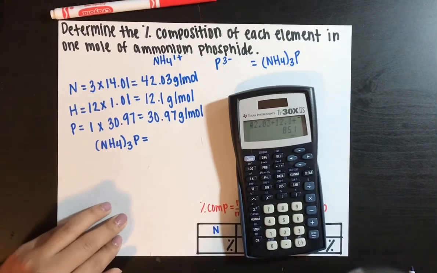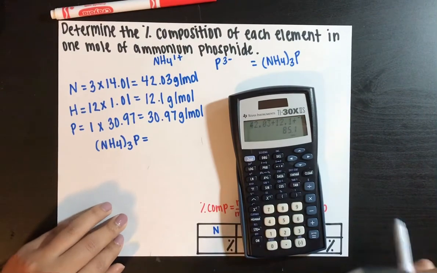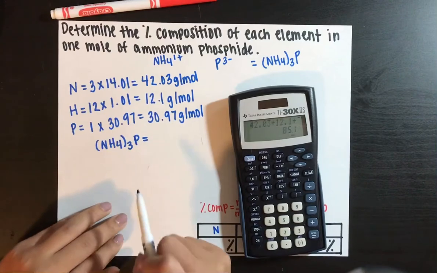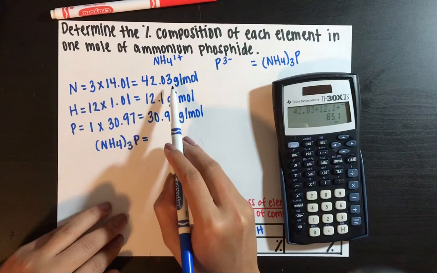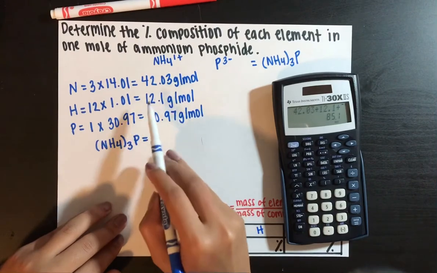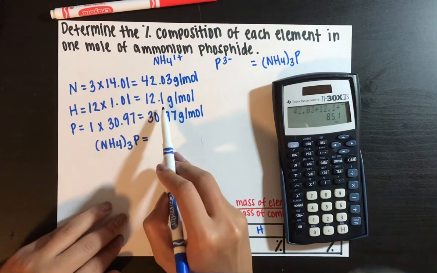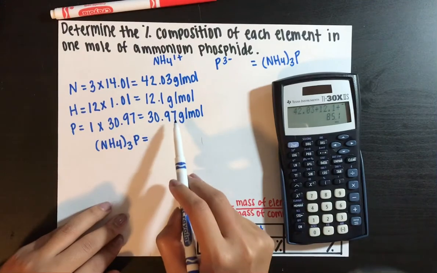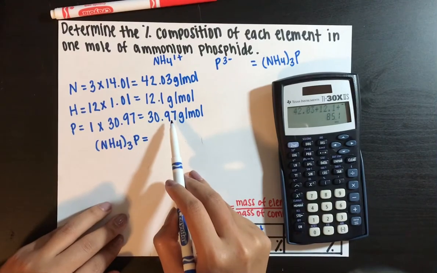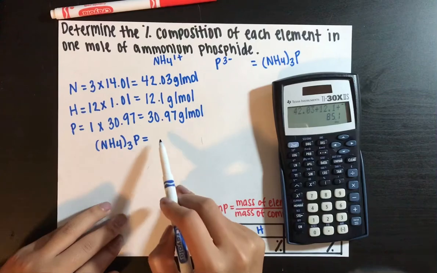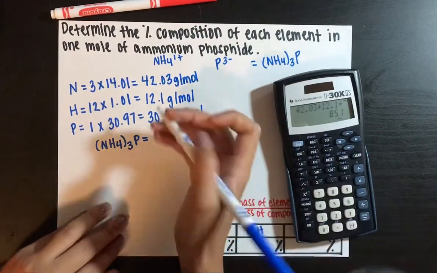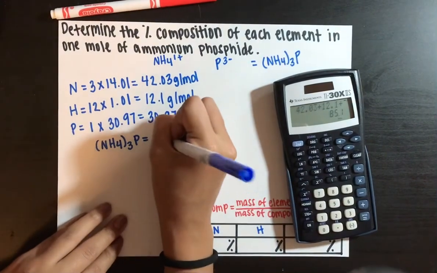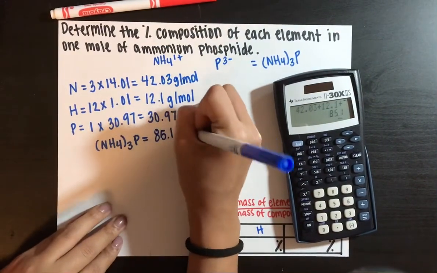According to the significant figures rule for adding and subtracting, we look at the least number of places after the decimal. 42.03 has 2 numbers after the decimal place, 12.1 has 1, and 30.97 has 2. Therefore, our final answer should only have 1 number after the decimal place, so 85.1 is our answer for the mass of our compound.